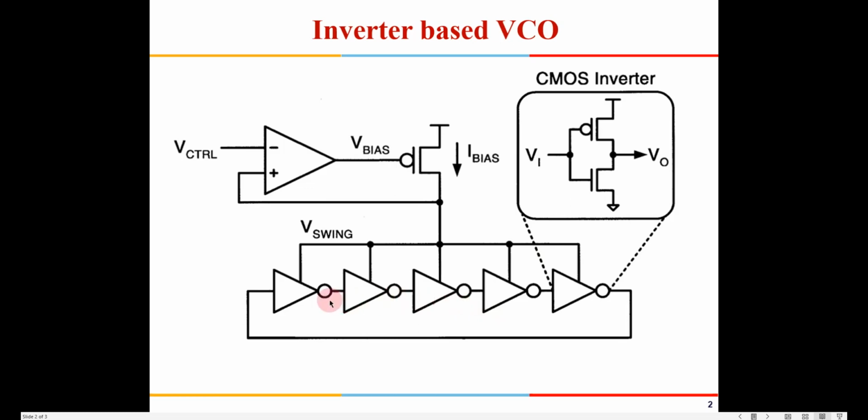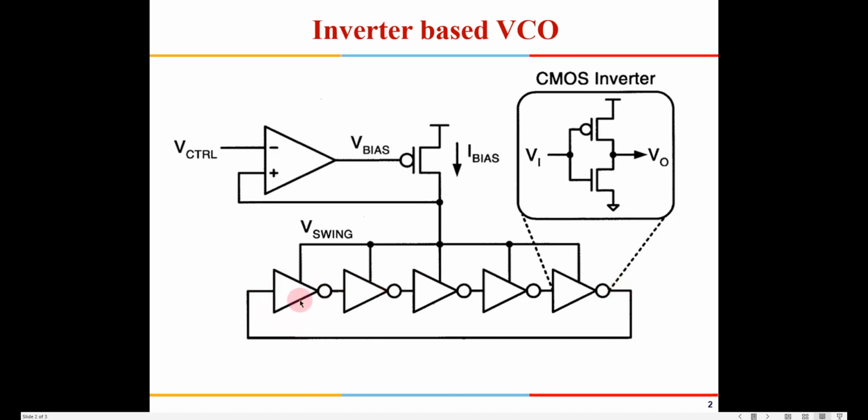So if I have a chain of inverters like this and I give a feedback, and I have an even number of inverters, now suppose I give a 1 out here, it will transmit a 0 here, this 0 will come as a 1 here, this 1 will come as a 0, again 0 to 1, 1 will become 0, and that 0 is going to come here and change this 1 to 0 again, so this will become 1 here.